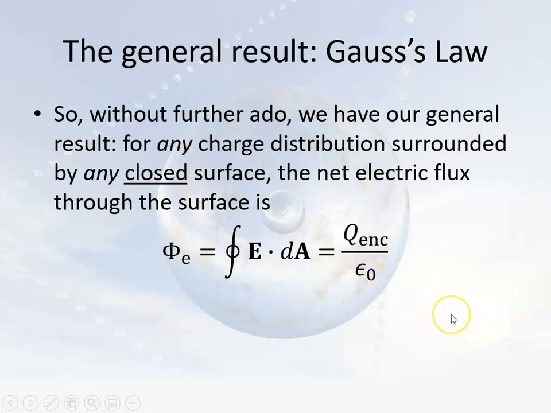So again, you can kind of think, what if there are a bunch of charges sprinkled around? Well, what you do is you surround each of those charges with a sphere, make the sphere small enough that it is only enclosing that particular charge. And then you have a flux from one sphere, a flux from another sphere, and a flux from another sphere.